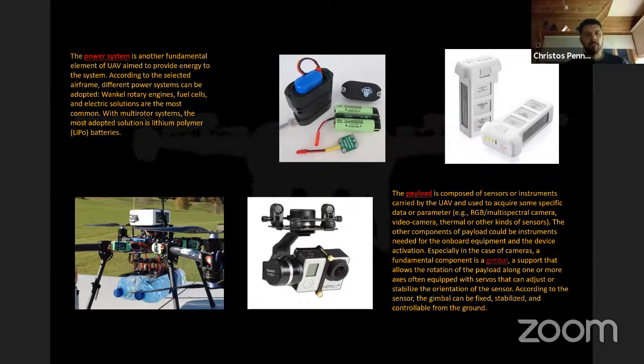Sometimes we have Wankel rotary engines, sometimes we have fuel cells, and of course the electric solutions are the most common, where we have multi-rotor systems. They are using LiPo batteries, lithium polymer batteries, like these ones on the screen right now. These are the cells, and this is how the battery looks like. Actually, these are the cells that even Tesla cars have.